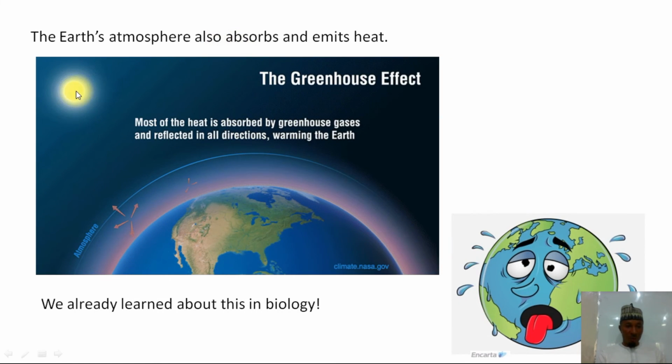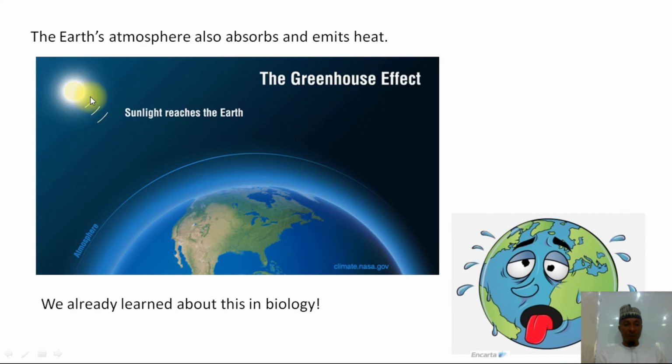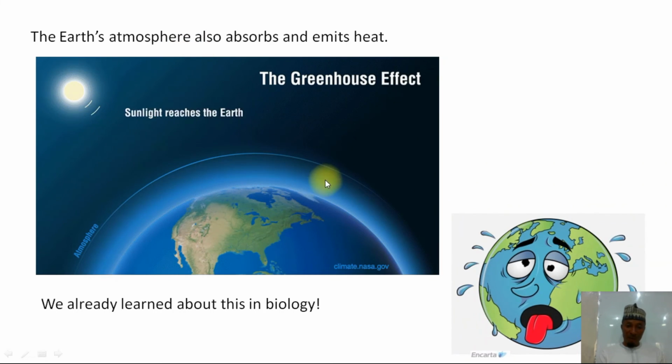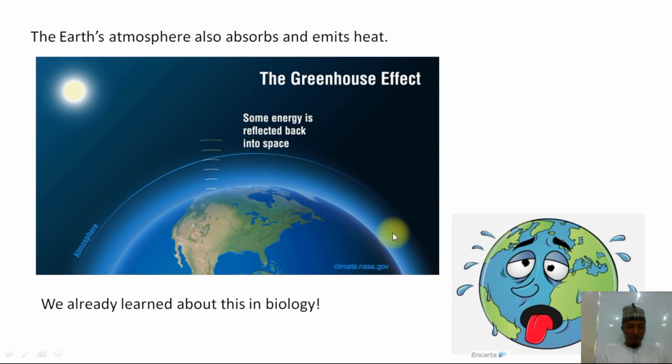Now, this is how it occurs. Heat from infrared from the sun hits the earth, and the earth also releases a certain amount of infrared. Now, most of it is reflected back to the atmosphere, to space, while some of it is absorbed by greenhouse gases like carbon dioxide, sulfur dioxide, and so on.